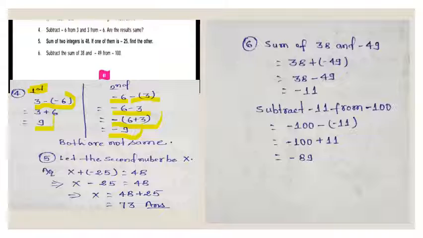Now question number 5. Let the second number be x. I have supposed the unknown number as x. You can take it as anything: y, z, a, b, c, anything.